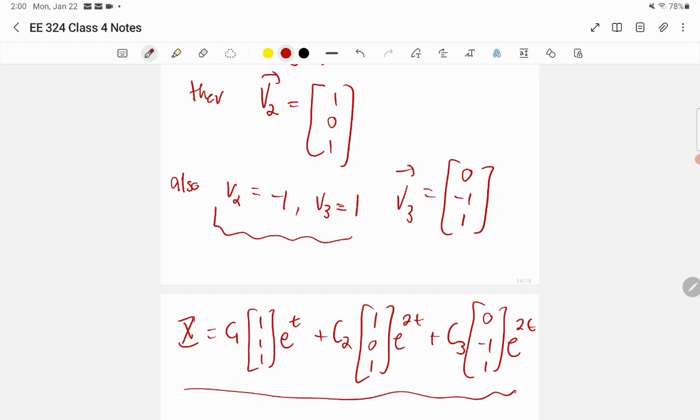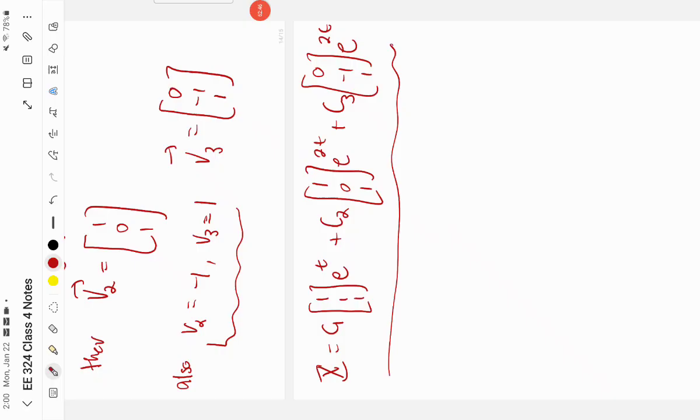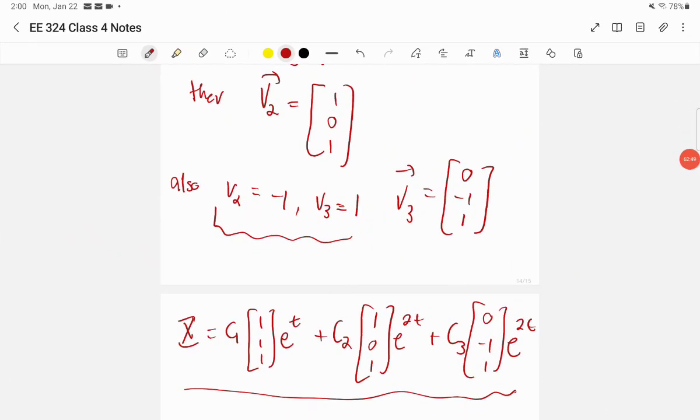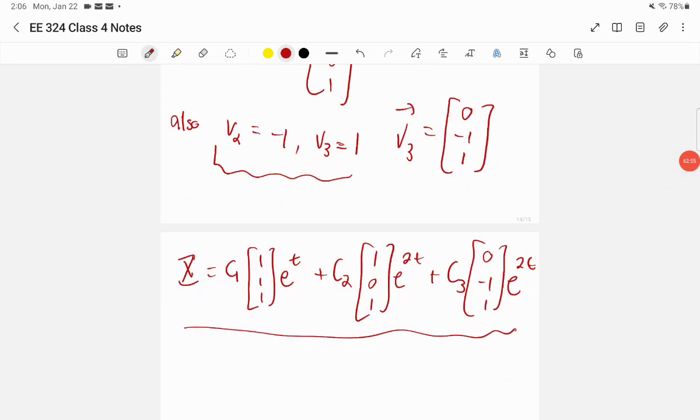Okay, so in that case we didn't need to go up in dimensions. And so this is our solution that we get.